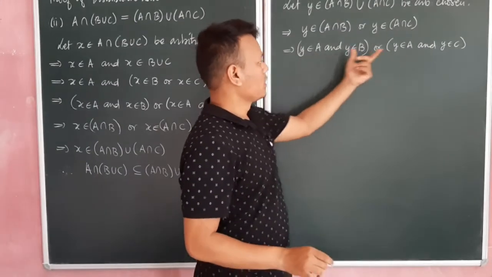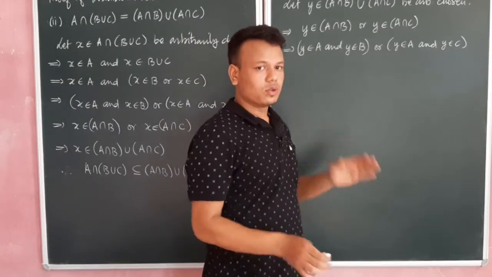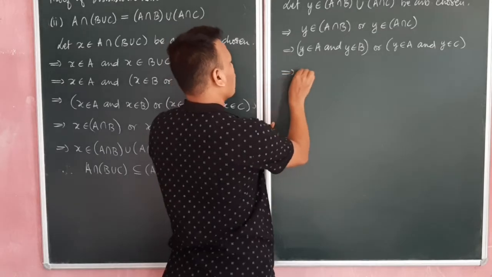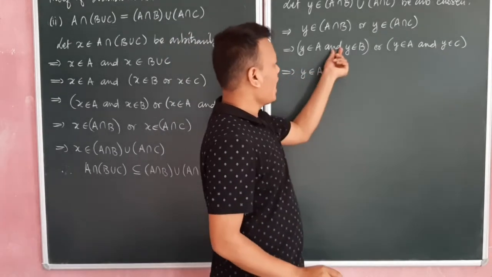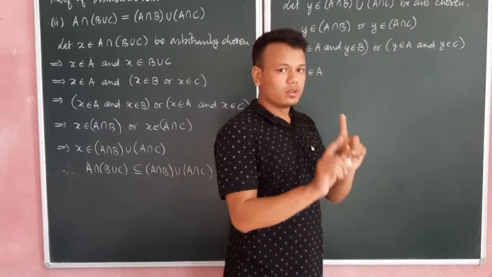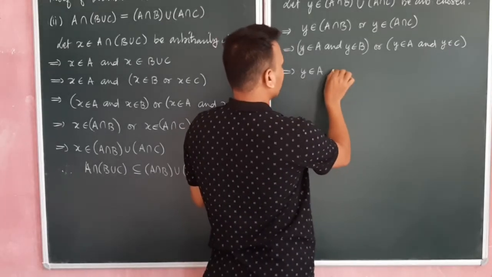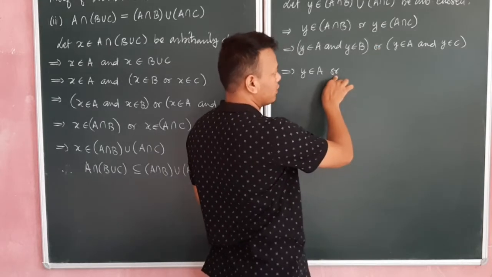So from this, let's see what is happening. Here y belongs to A, here also y belongs to A. So in both the conditions we have y belongs to A. So this means y belongs to A is always true. And here y belongs to B, here y belongs to C. So there is a choice. So that's why I am writing here or.